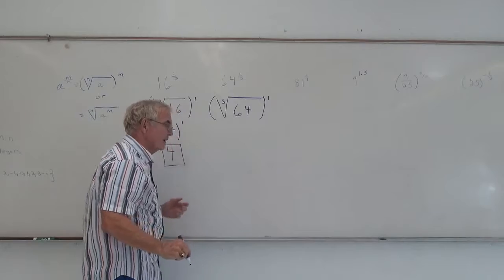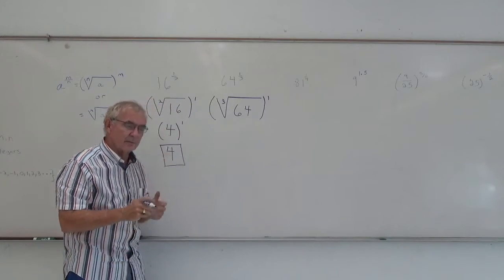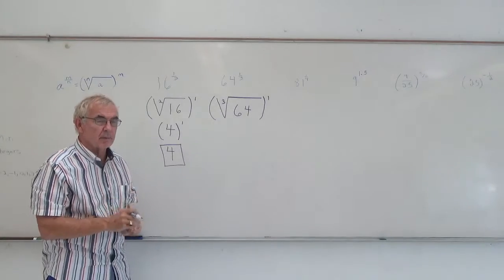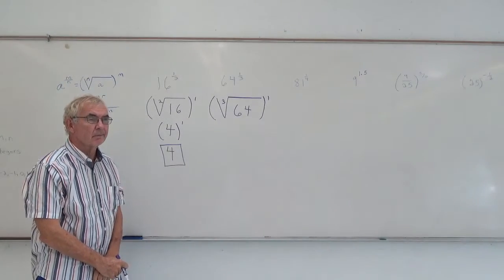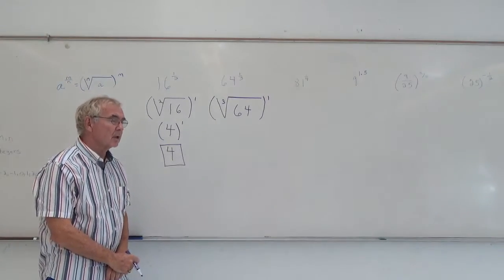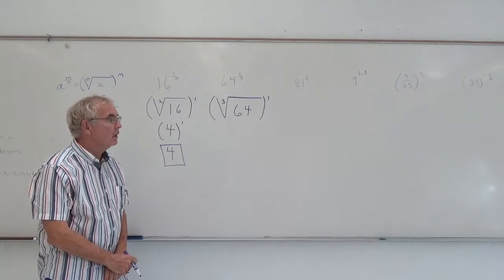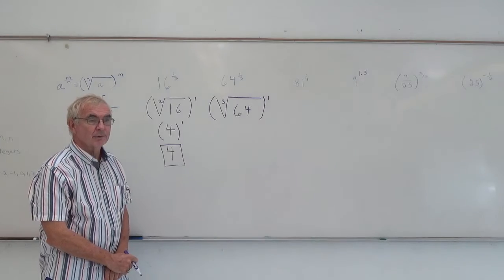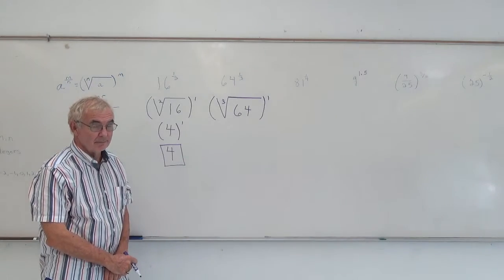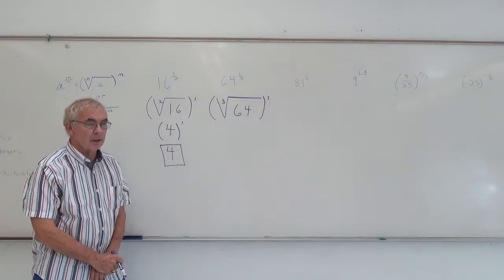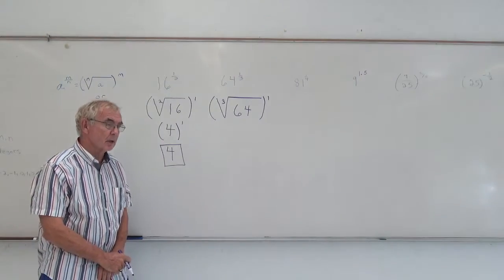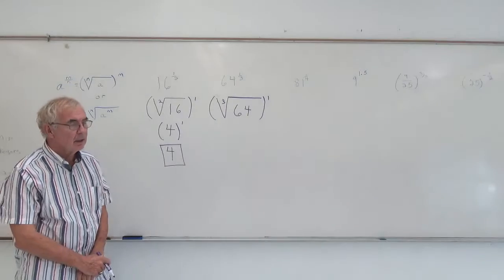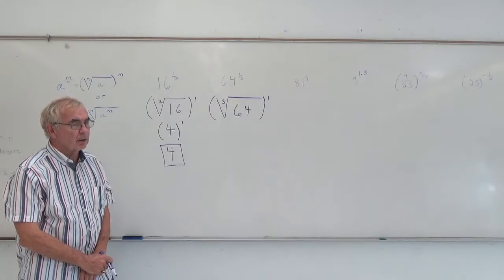Now, I know this is hard for some people. What number do you multiply 3 times by itself to get 64? Well, 1 times 1 times 1 is 1. 2 times 2 times 2 is 8. 3 times 3 times 3. Let's see, 3 times 3 is 9, times 3 is 27. Not yet. But what's 4 times 4?